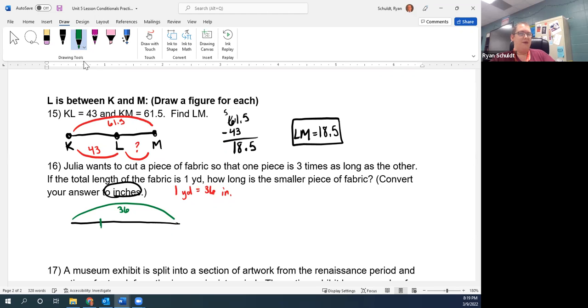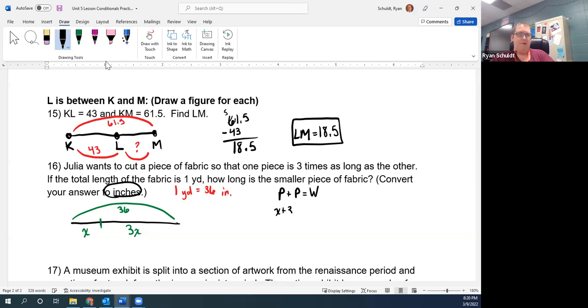So that one piece is 3 times as long as the other. So if this is X, then this has to be 3X. Now we have to find X. What does this go back to? Part plus part equals whole.